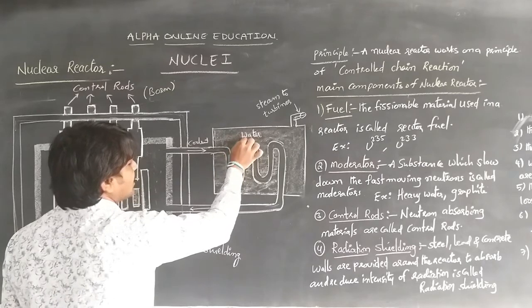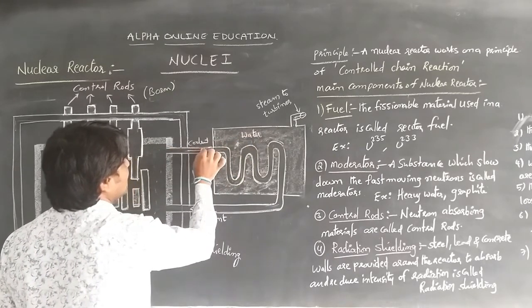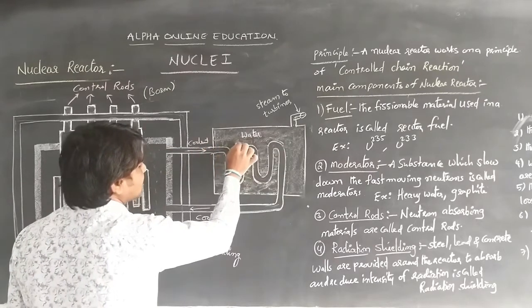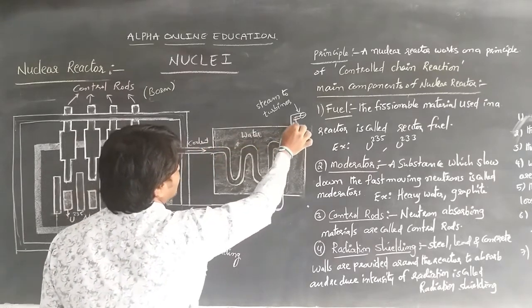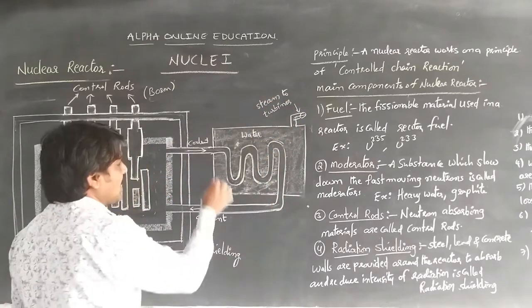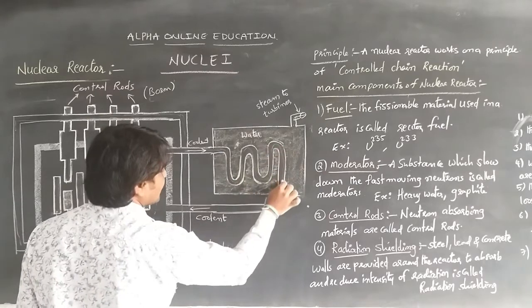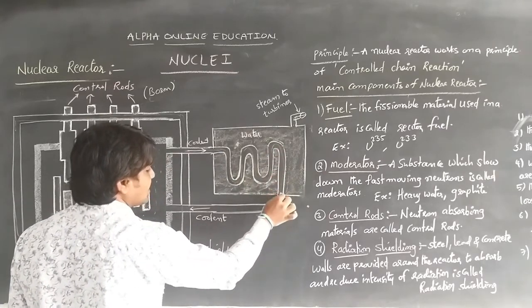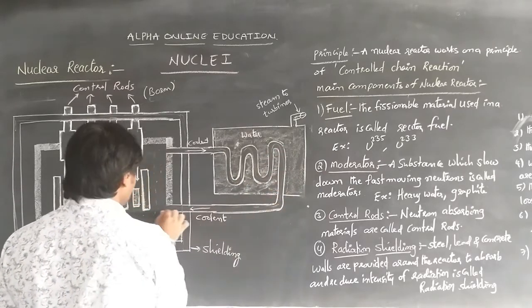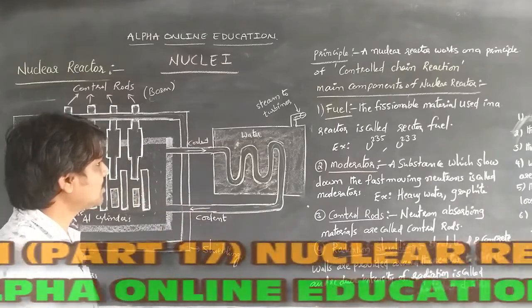The water absorbs the heat brought by the coolant and turns into steam. That steam is connected to the turbines to produce electricity. The remaining cooled coolant comes back into the same process to continue. So this is about the coolant.